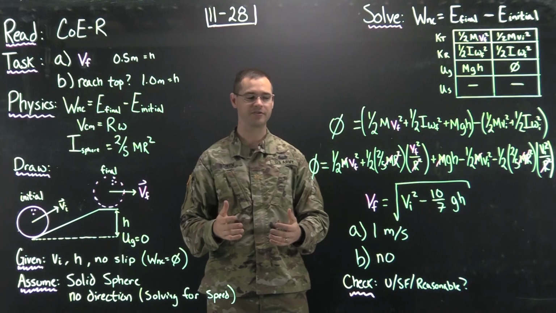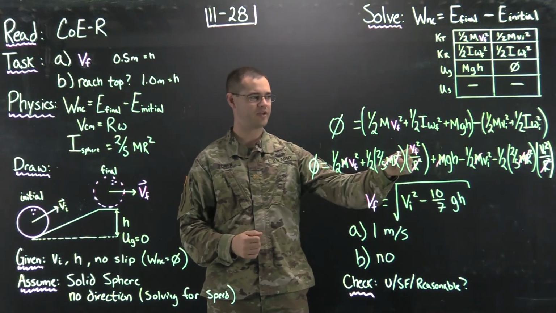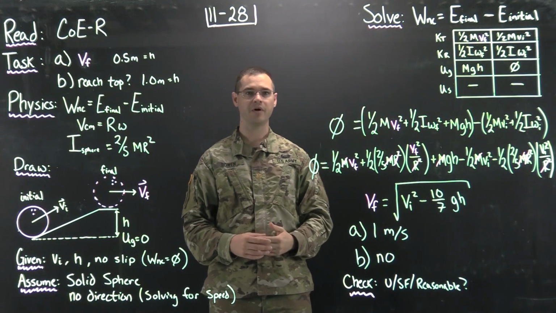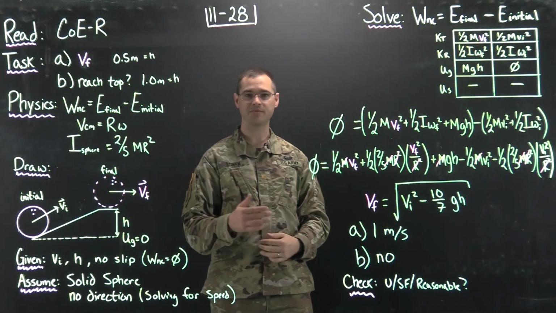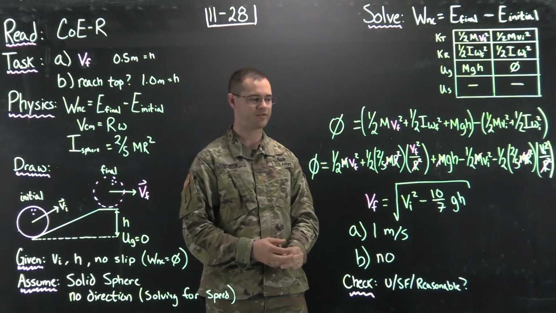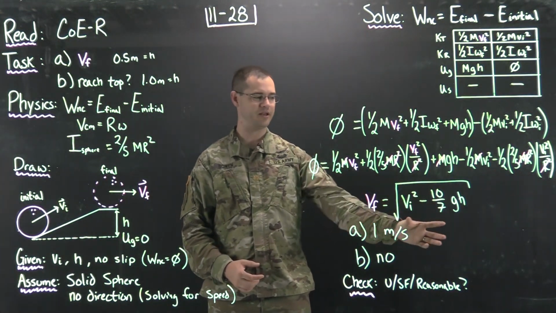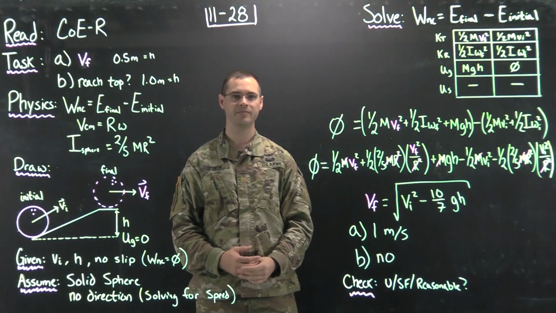This simplifies our expression a lot and allows us to isolate the final speed for our equation, and that is what we are trying to solve for in our task. So now we have an algebraic expression for our final speed in terms of our given variables.